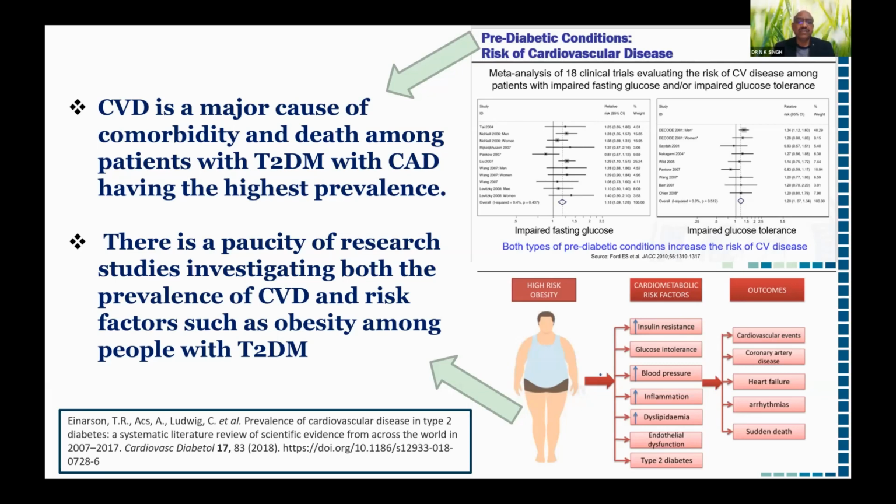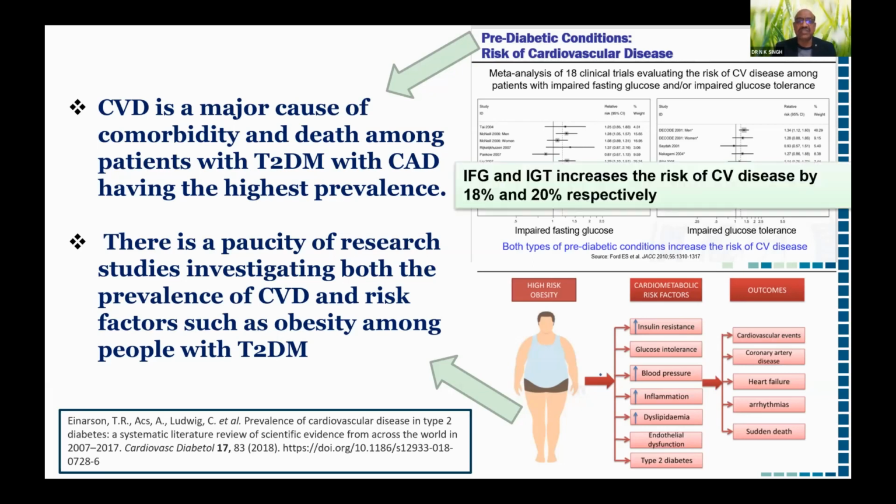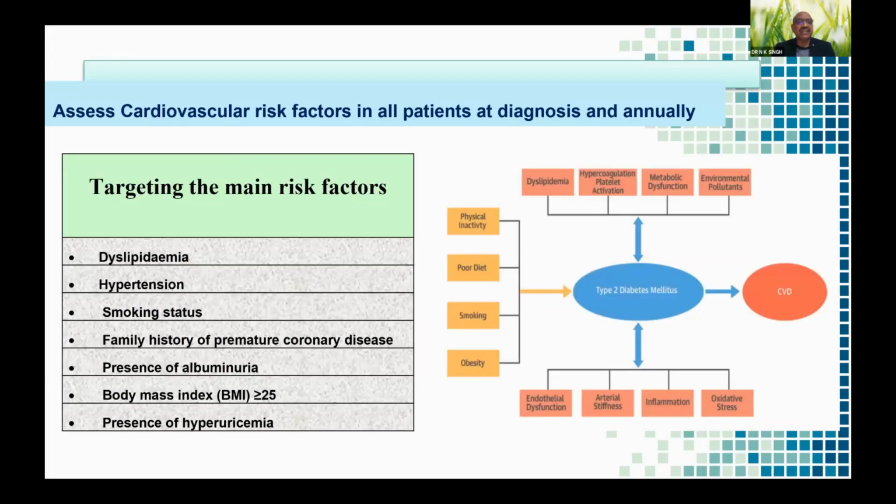There is a paucity of research studies investigating both the prevalence of CVD and risk factors such as obesity among people with type 2 diabetes. Impaired fasting glucose and impaired glucose tolerance increase the risk of CV disease by 18% and 20% respectively. This is very serious data, you can say.